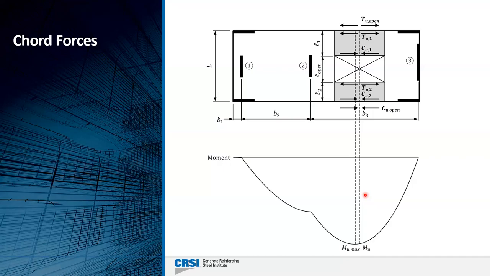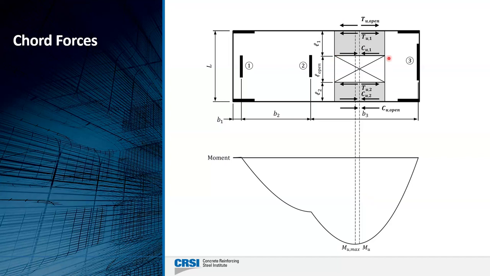Now, what happens when you have a fairly significant opening in your diaphragm? Generally speaking, openings the size of elevators, stairways, or mechanical openings that are typical in a building are not going to have a big impact on how the forces get transferred through the diaphragm.